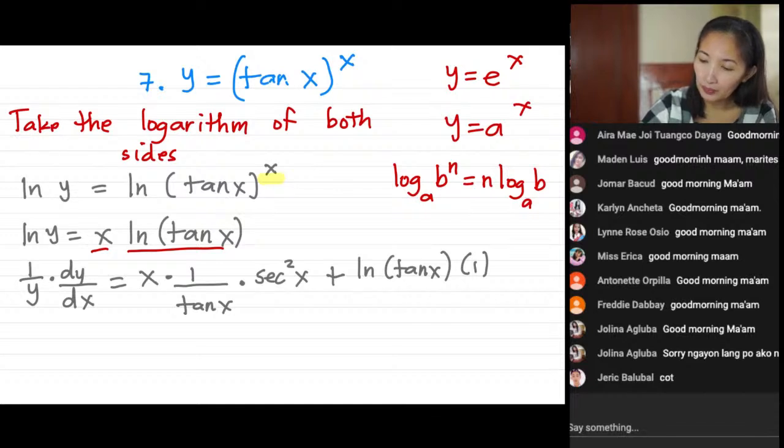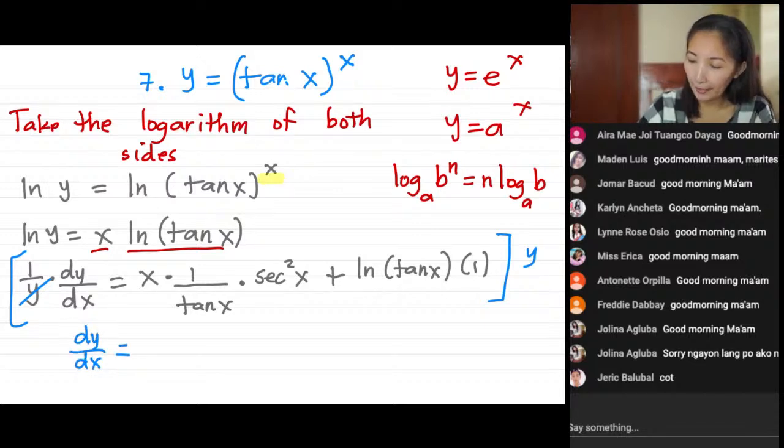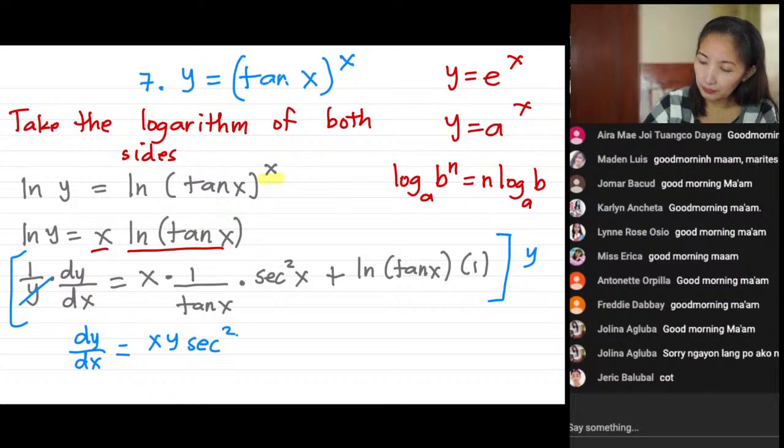y to get rid of this. We will multiply it by y, so this one will now be eliminated, leaving dy over dx on the left side equal to, multiplying this with this, or applying the distributive property, xy secant squared x over tangent x.